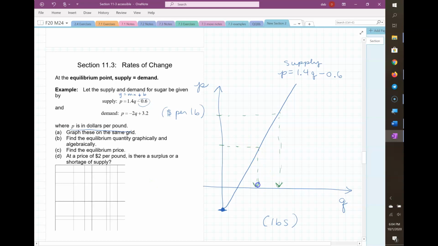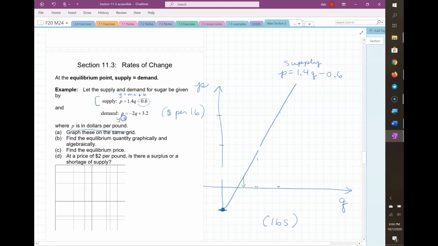If the price is lower, the supplier will make even fewer. If the price is really low, the suppliers make even fewer because they want to make more money, so they aren't happy when the price is lower, so they make fewer. Okay, so that's supply. Then let's look at demand.